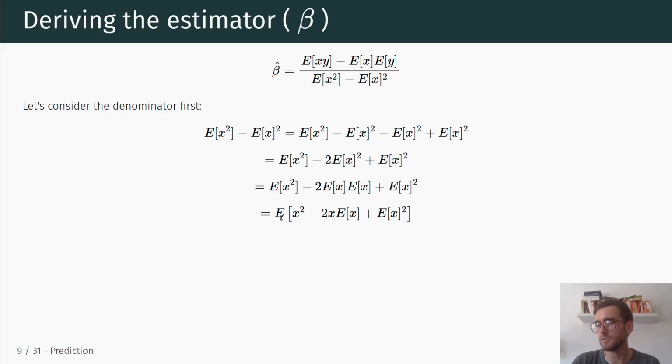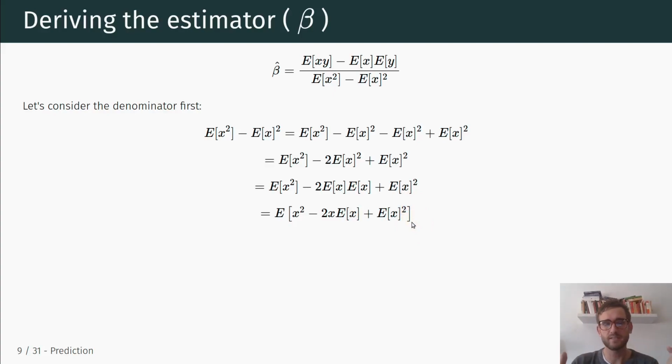Essentially what we're doing here is putting everything in one large expectation, which allows us to write this as the expectation of x squared minus 2 times x times the expectation of x plus the expectation of x, squared, and this is where the second expectation ends.